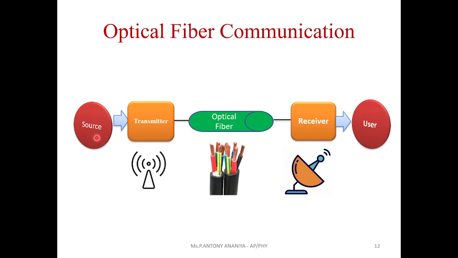The first, the source, is light emitting diodes or laser beam. Here they modulate electrical signals into optical signals, mostly at 850 nanometers to 1300 nanometers. Lasers give high intensity, high frequency light. And the second one is the transmitter.